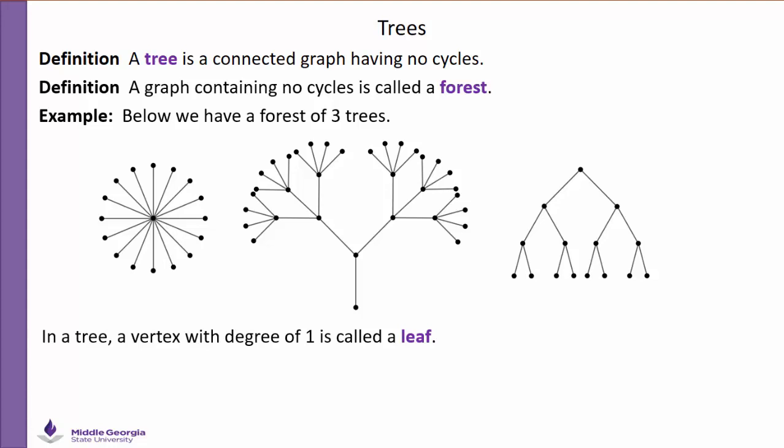The one that looks like a real tree has lots of leaves up and around the upper portion where it's degree 1, but notice many of the other vertices have degree 4 or degree 3 or degree 2. And in the last graph, the 8 vertices along the bottom of the graph are all leaves.